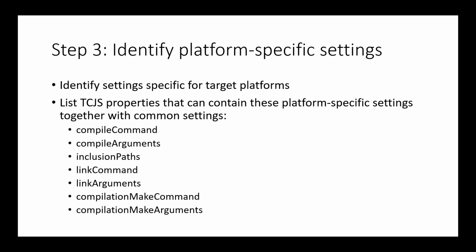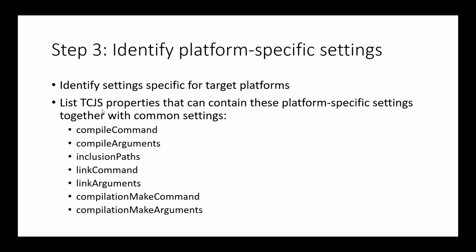It is good to search for some documents or documentation about this. So what settings are needed for each target platform? Sometimes there are different settings related to optimization or to some additional debugging settings, and so you need to identify exactly which platform settings are needed.